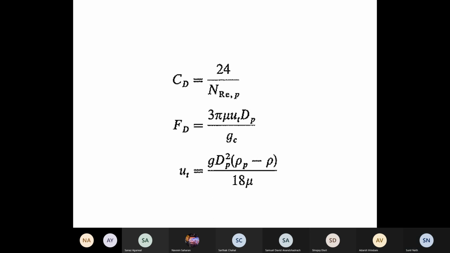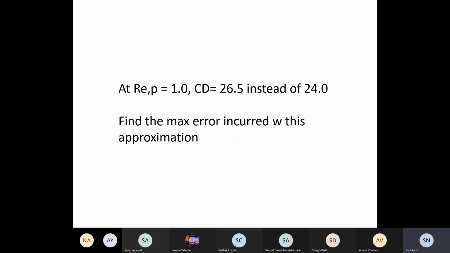Now, we can do a very similar exercise for the other, for the one we did for Stokesian, we can do the same for Newtonian. The two poles of regimes, I would say.